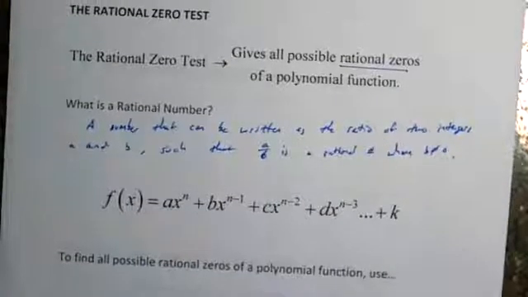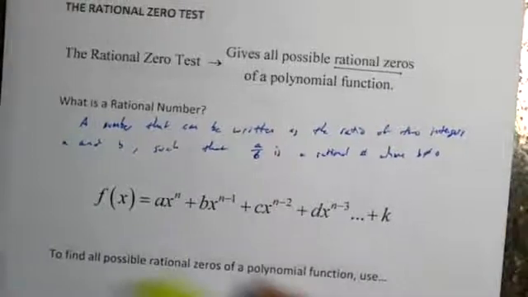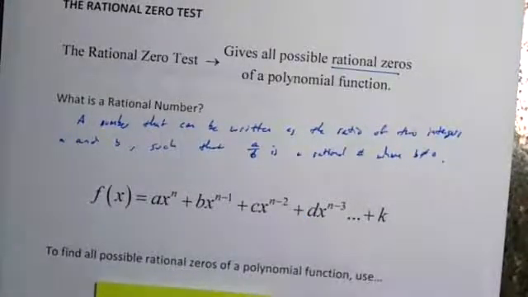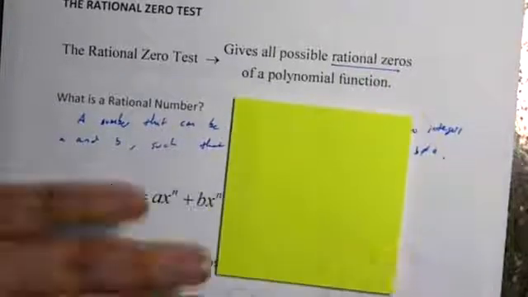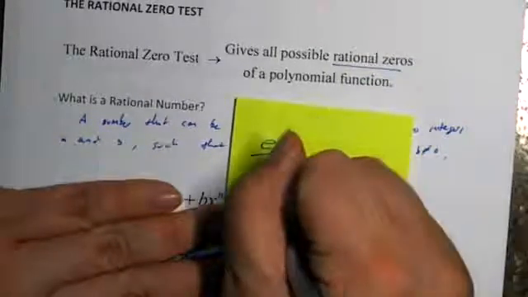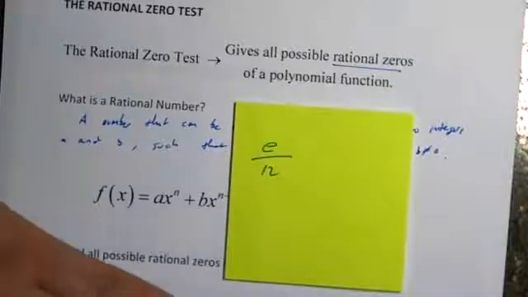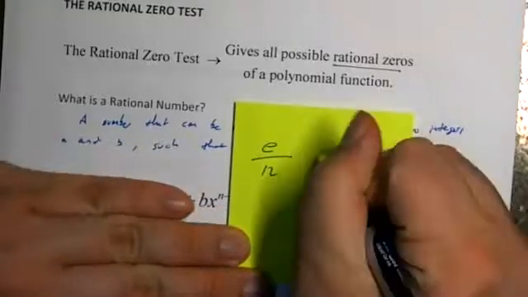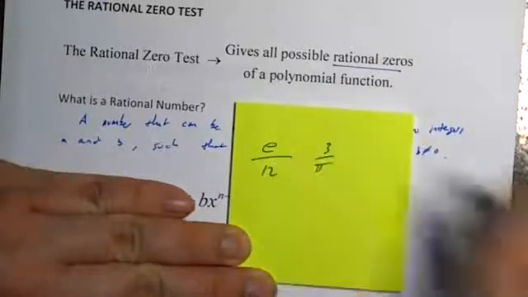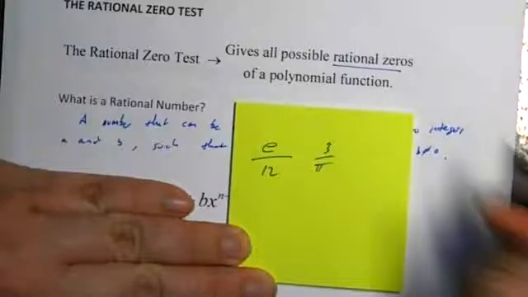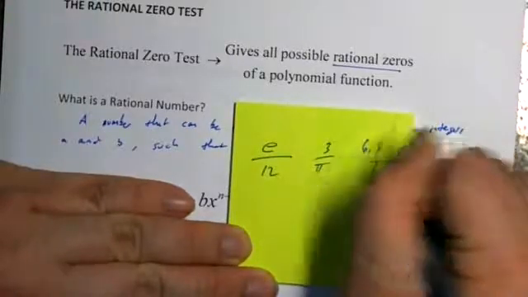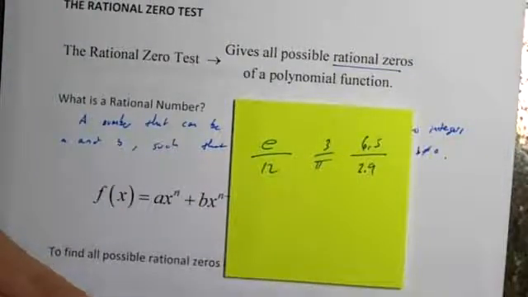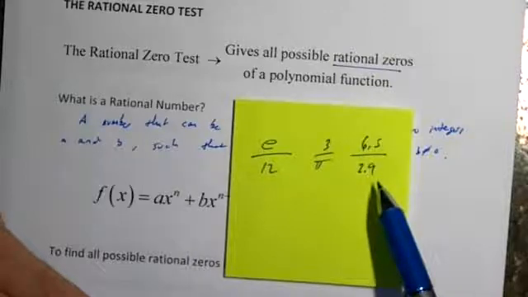Okay, yes, two integers is a fraction, but I don't want to say a rational number is any number that can be written as a fraction, because 3 over pi, that's also a fraction. 6.5 over 2.9, that's a fraction on top of a fraction.